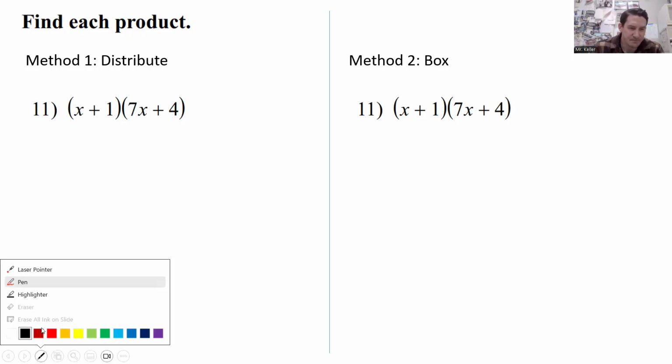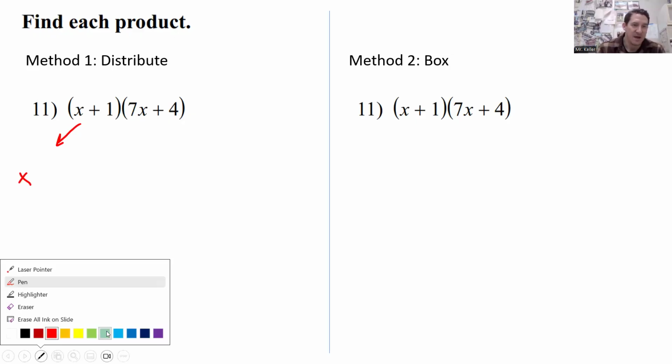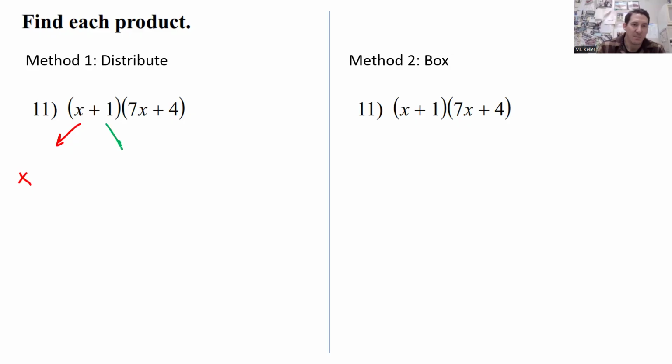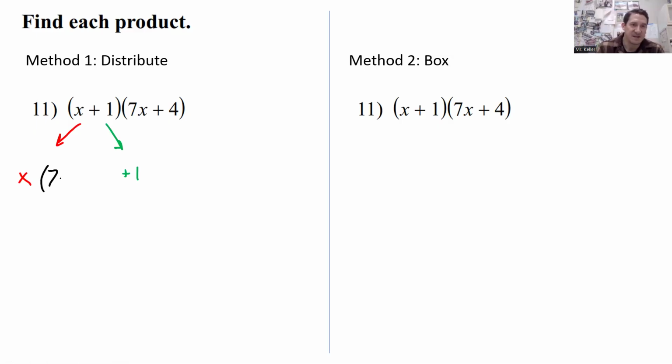I'm going to streamline a little bit so it's a little bit less work. But with this one, what you are going to do is you actually split up this first binomial. So I'm going to have the x down here and then plus 1 over here. And then they each get the 7x plus 4, the second binomial.